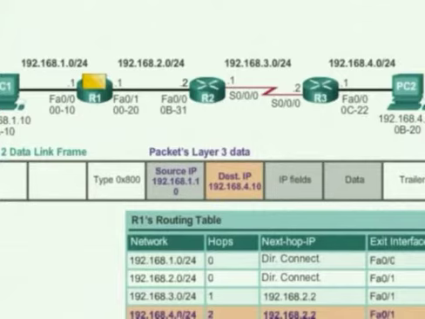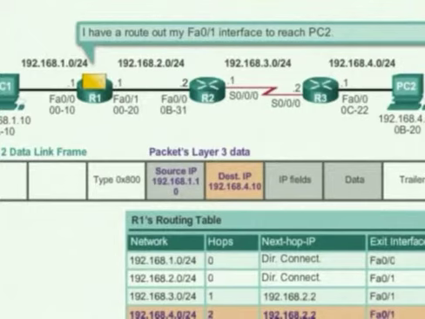So router 1 consults its routing table for a network address. Here is the router 1 routing table, and here is the destination network, and here is the next hop IP, that is the IP address of router 2.